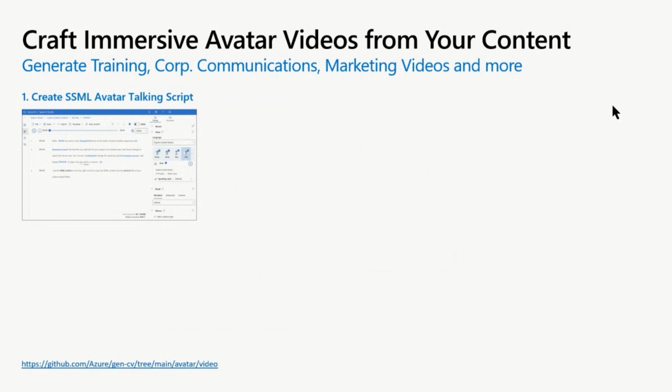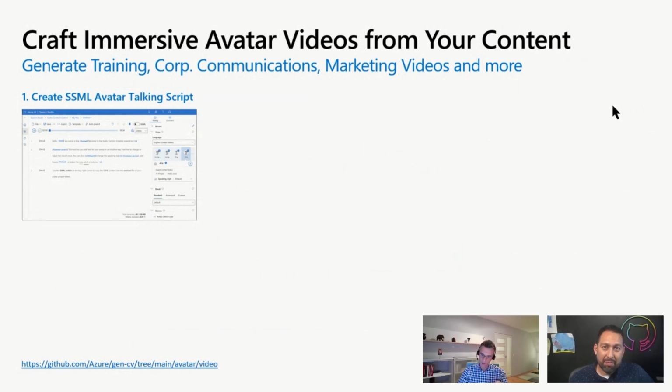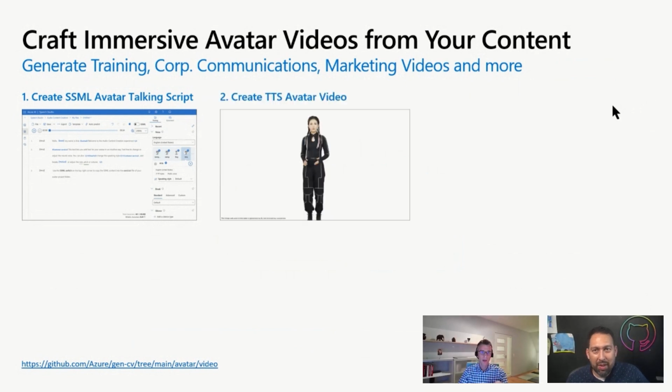And there is actually a very nice tool in the Speech Studio, which is called Audio Content Generation Tool, where you can just write down your script for the avatar to speak, then convert it to SSML, and that's what you feed into the API to create the avatar video, which is step number two.